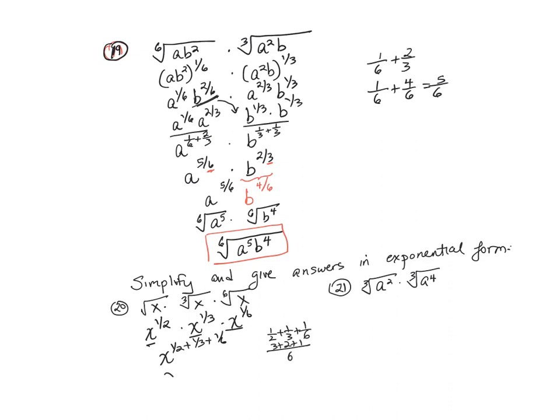That gives us x to the 5/6. That's a 5, actually. That's a very bad 5. Wait, let me just make that clearer. X to the 5/6, which is the 6th root of x to the 5th, or to the 5th on the outside, whichever one you like. And that takes care of that one.